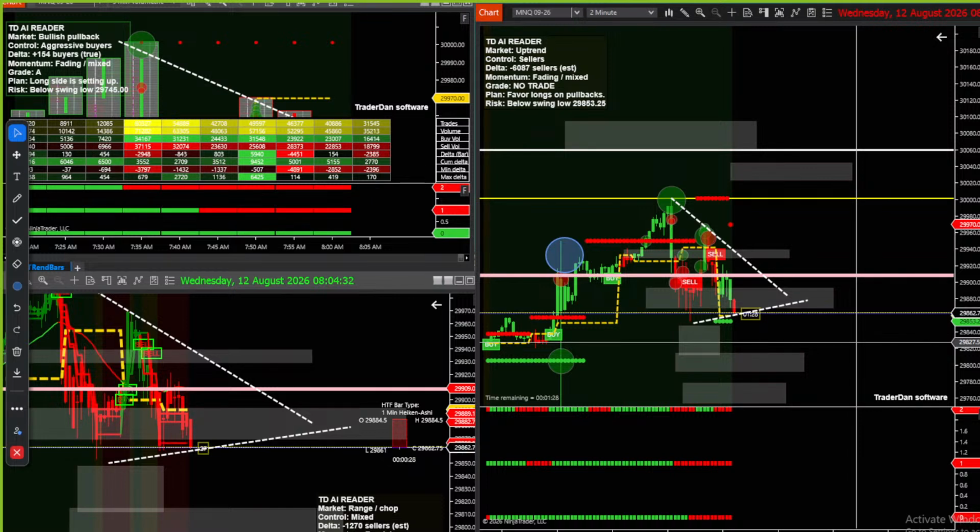A little squeeze here. I think they're coming for the data wick. This is the way it's starting to look.